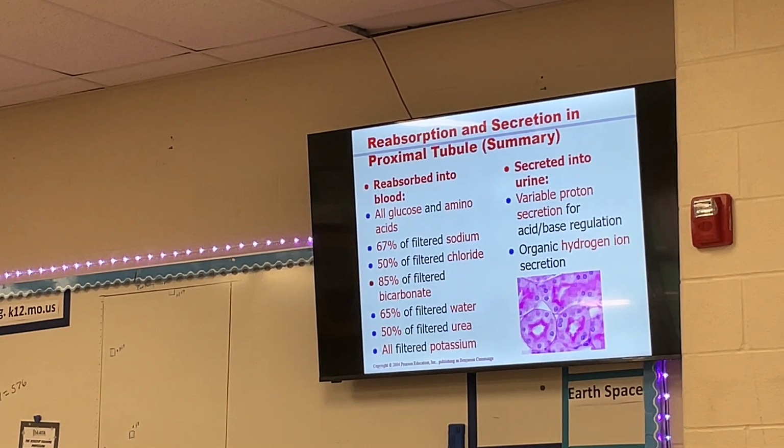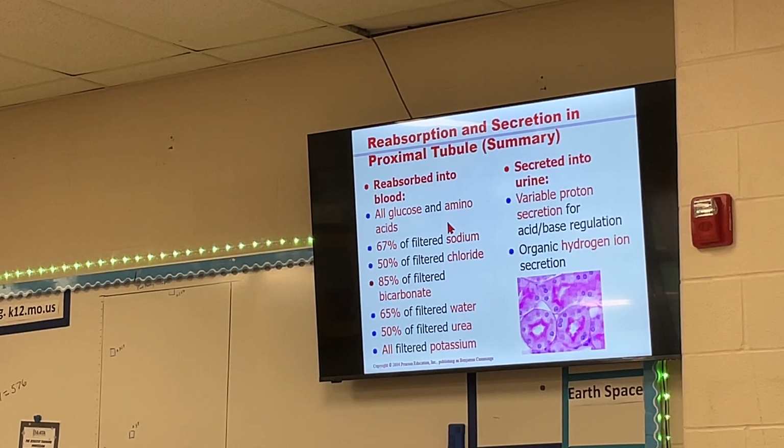All right, so this is an important slide just because it shows kind of all in one place. This is reabsorbed, and this is what is going into the blood, and this is what is going into the tube to make urine. So what is going into the blood is all the glucose and amino acids.